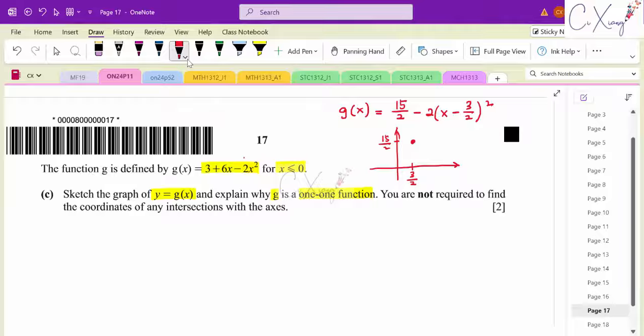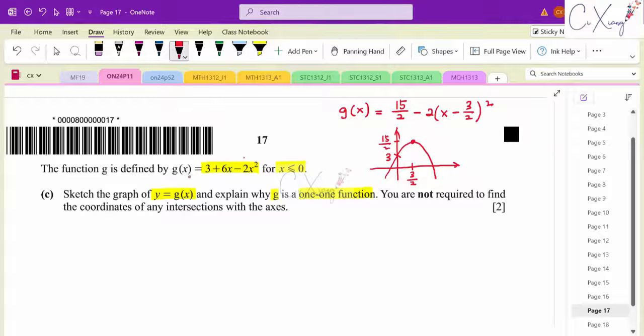To figure it out more clearly, it will be good if we know the y-intercept. If I substitute 0 into the equation, my y-intercept is 3. Of course, if you want, you can continue to find the roots, the x-intercepts, but I don't think it's needed. So this is generally what we have for f(x).